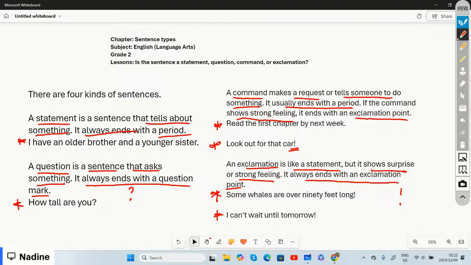And then we have a command, which makes a request or tells someone to do something. And it either ends in a period or if the command shows strong feelings, it ends in an exclamation point. And then lastly, we have an exclamation, which is like a statement, but it shows surprise and strong feelings, and it always ends with an exclamation point.